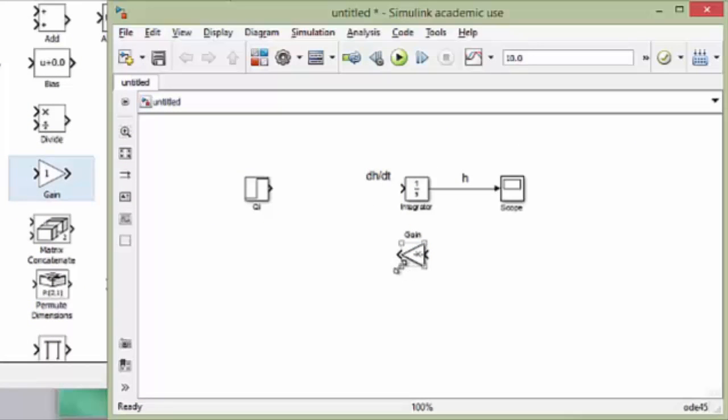We can connect the input for this gain block, which is coming from h. So now h by 0.1 is ready.